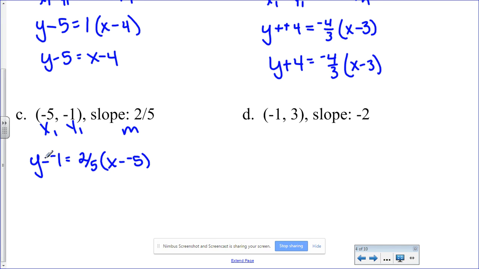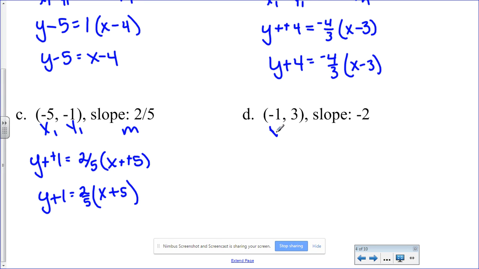Since we have a minus and negative there, remember that's really just going to change my sign to the opposite. So instead of a y minus negative 1, we're going to have a y plus 1. 2/5 will stay the same. And then the same thing with my x1. That's going to change signs as well. So we have y plus 1 equals 2/5 times x plus 5.